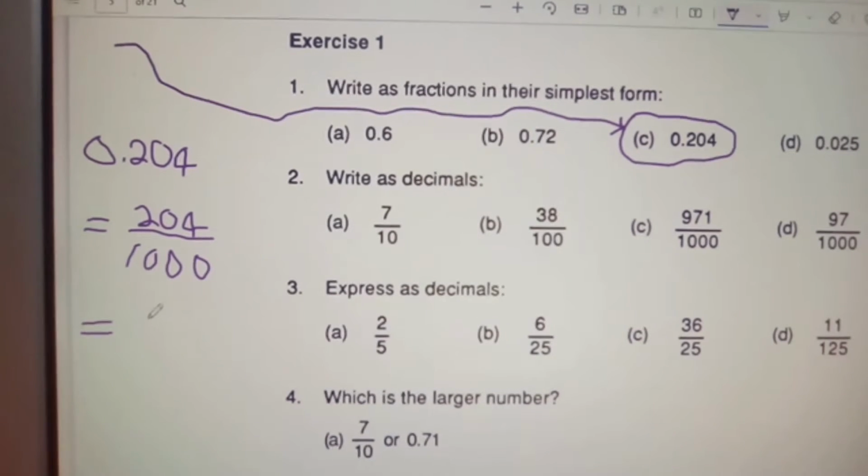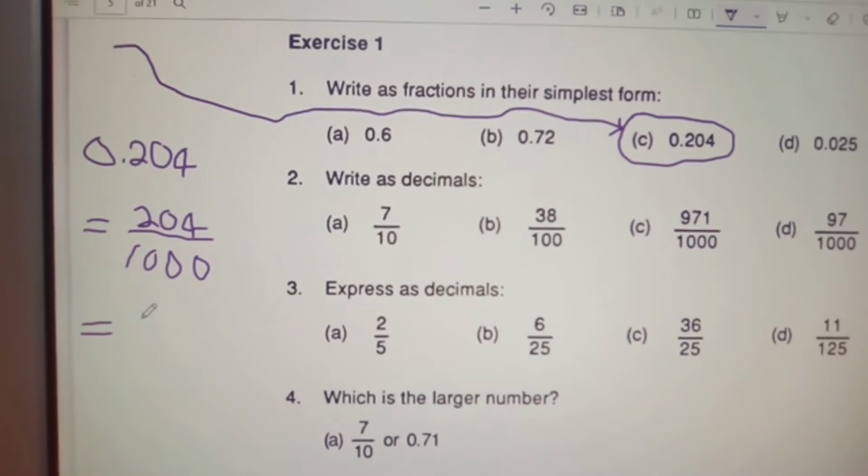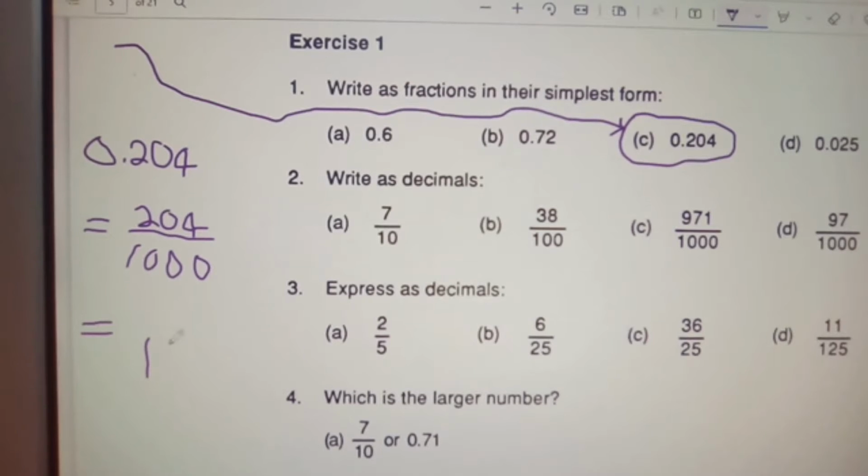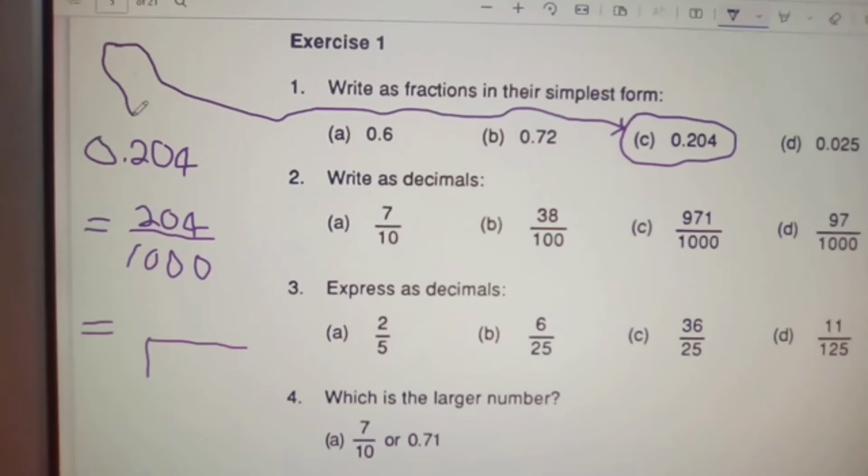And this is what we're going to do. We're going to put a bracket, and let me just add that to show you that's the one we're dealing with.